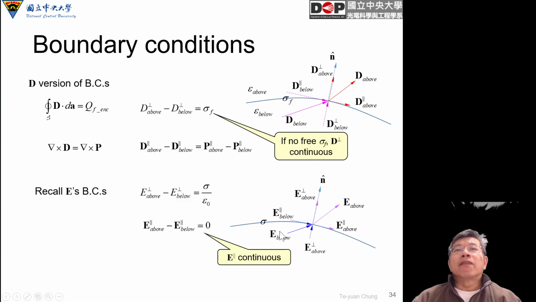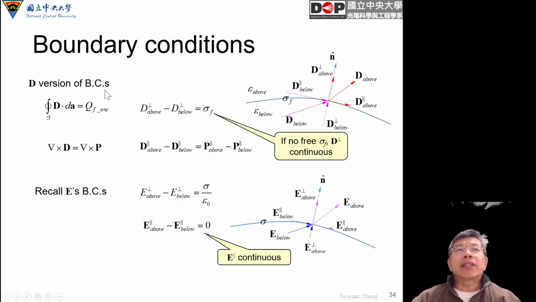But the parallel electric field is continuous along the boundary. So the above parallel component is identical with the below electric field component.